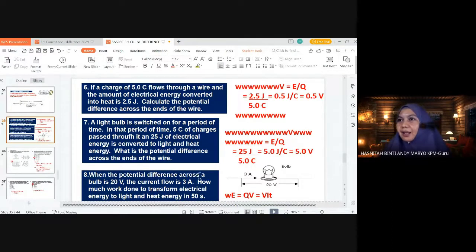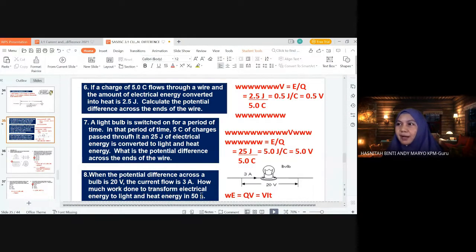Okay, and the last one, number 8. When the potential difference across a bulb is 20 volt, the current flow is 3 ampere. How much work done? In this question we are looking for W, or E. V is given, 20 volt, I is given, 3 ampere.